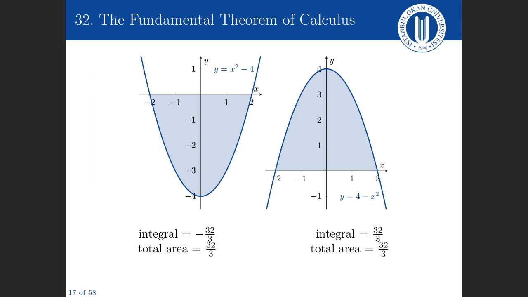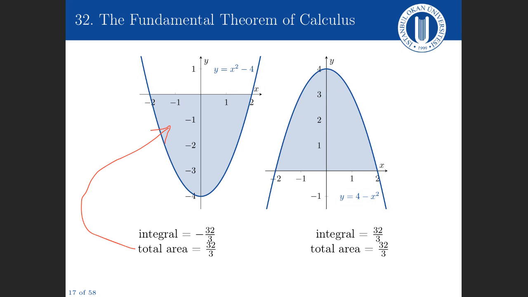Let me show you the pictures. On the left, we have the first function we looked at. This blue part shaded is the integral. This is minus 32 over 3. But if we say all area is positive area, then the area of this blue region is plus 32 over 3.